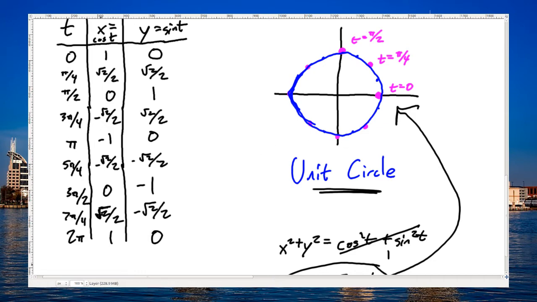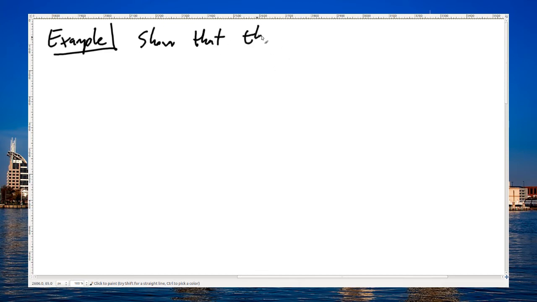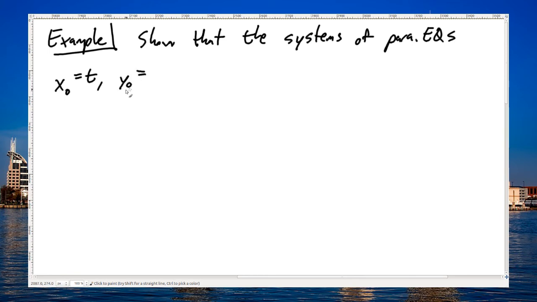All right, let's do one more example. We're going to have two systems of parametric equations. The first one we'll call x0 equals t, y0, or some people say x naught, y naught.